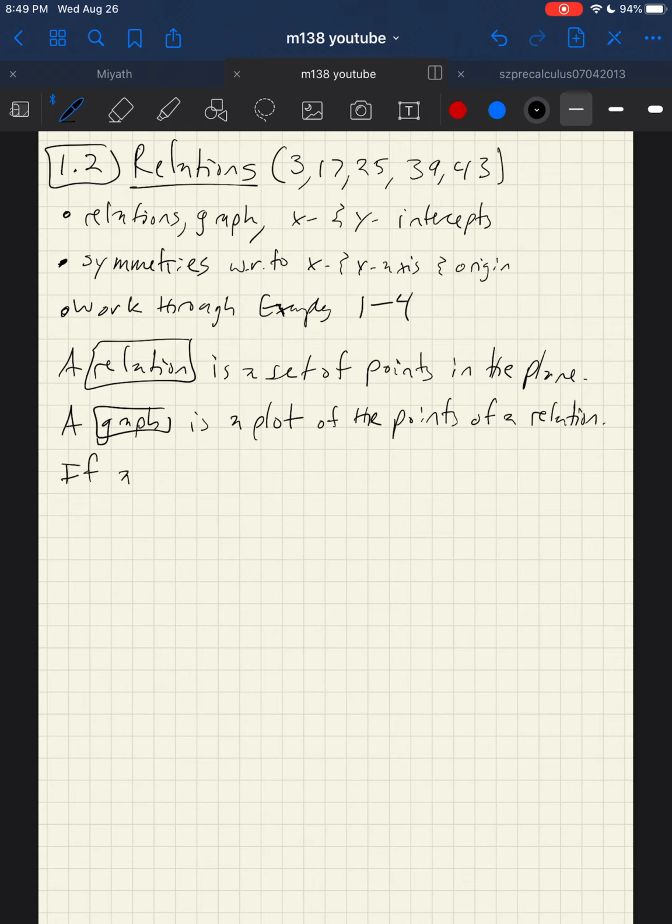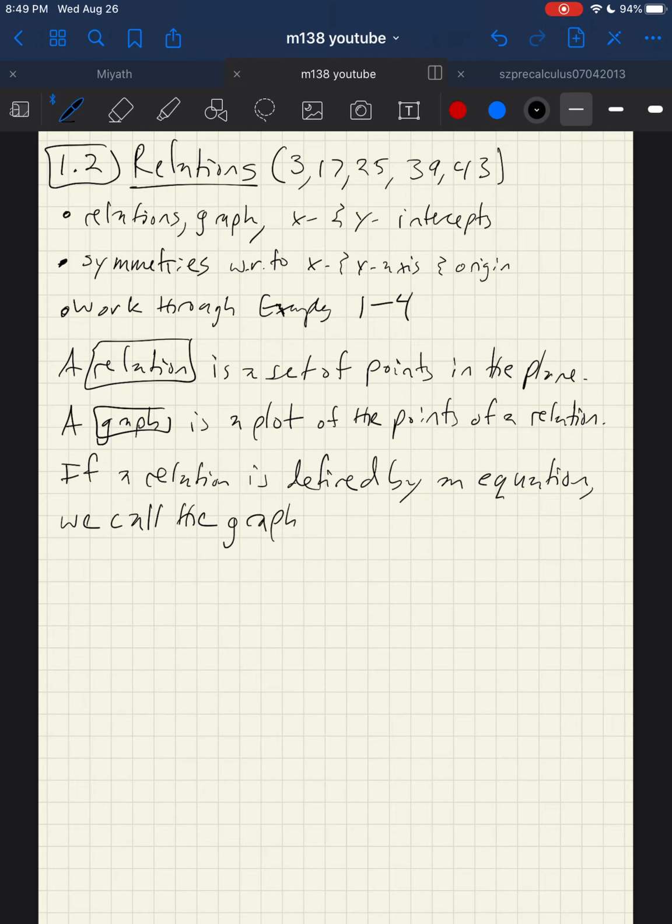If a relation is defined by an equation, we sort of cut out the middleman and call the accompanying graph the graph of the equation. So rather than saying it's the graph of the relation determined by the equation, we just say graph of the equation.